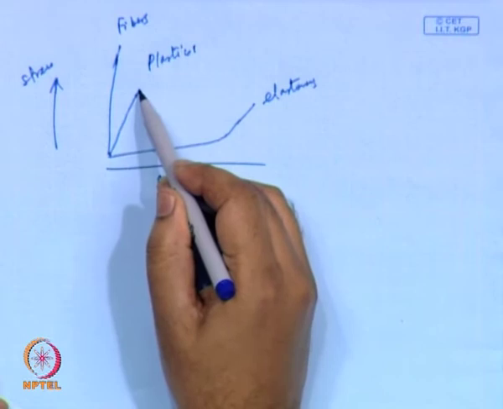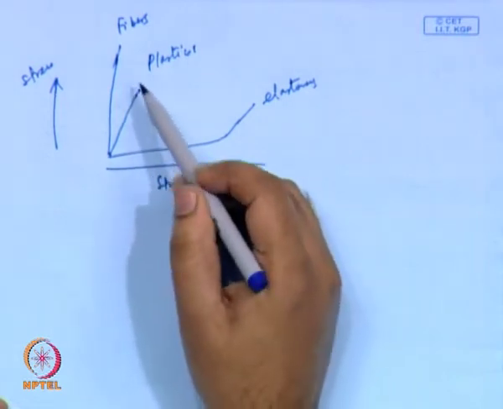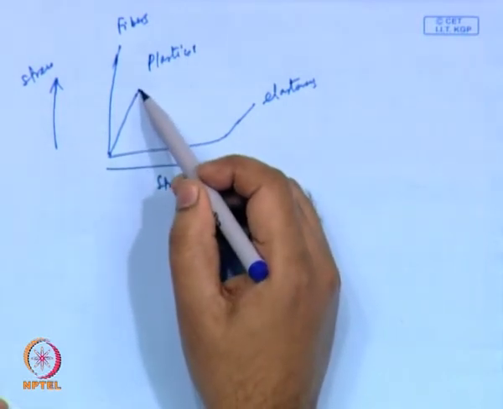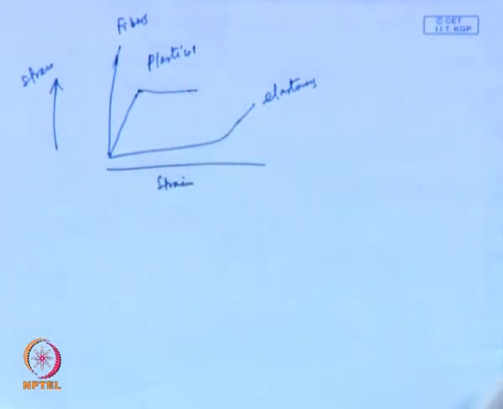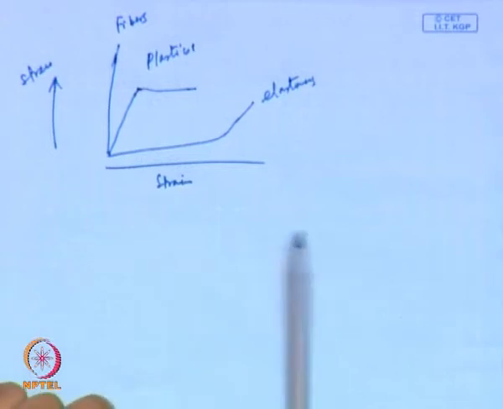Now, after some time plastics yield, I will talk more about these terms, and it becomes easy to strain. If you have packaging films, you have probably seen that when you stretch, at the beginning it is a little difficult, you have to give a lot of force, but once it starts stretching, that means the sample has yielded, then it becomes quite easy.